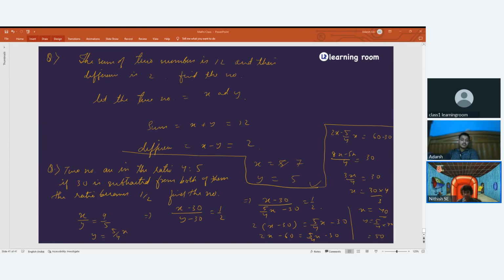So I need you to solve questions. If you don't solve questions now, you won't be getting the concepts. Even if you get concepts here in the class, it is just for a while. You need to solve more and more questions to get more grasping power over your concepts, and then you'll just see the question and solve it whenever it is given to you in the exam.